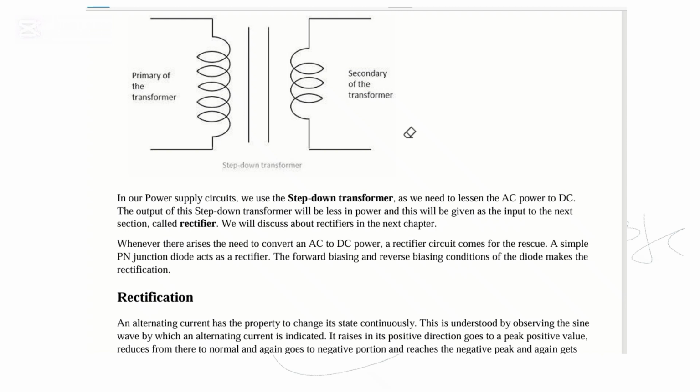The output of this step down transformer will be less in power, and this will be given as the input to the next section called a rectifier, which we are going to discuss next. Whenever there arises the need to convert an AC to DC power, a rectifier circuit comes to the rescue. Okay, a PN junction diode acts as a rectifier, so we are not going to do that.